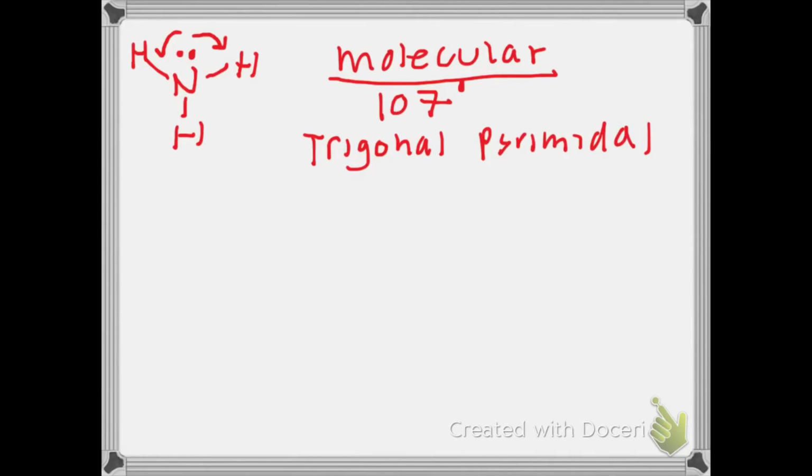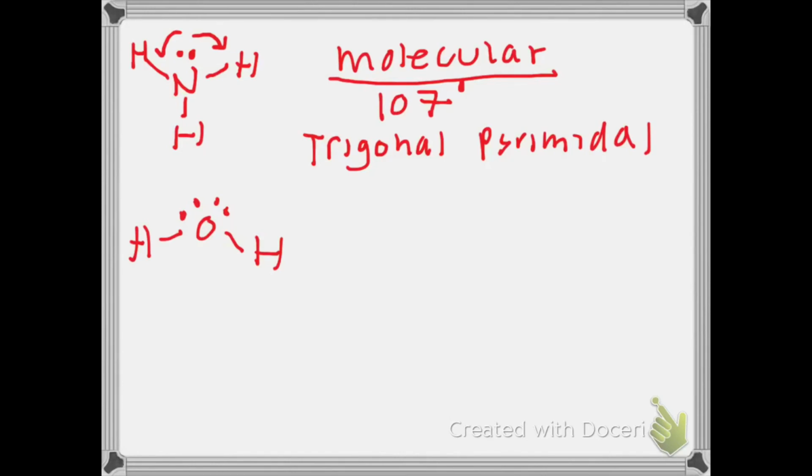Next, let's go ahead and look at the example of water. So as you can see here, if we were looking at electron domains, there would be 4 different things coming off of this molecule. We would call it tetrahedral, but that's not what we're looking at here. We're looking at the molecular geometry.